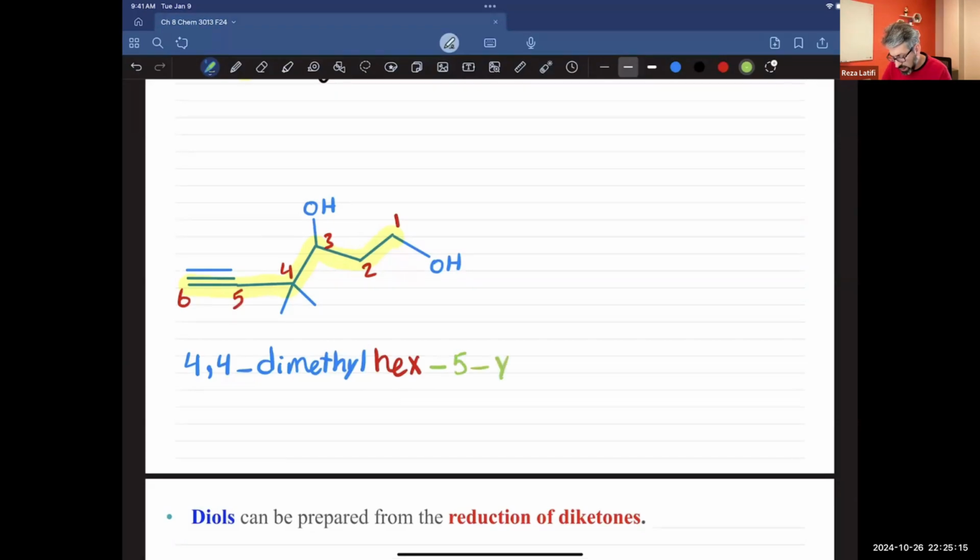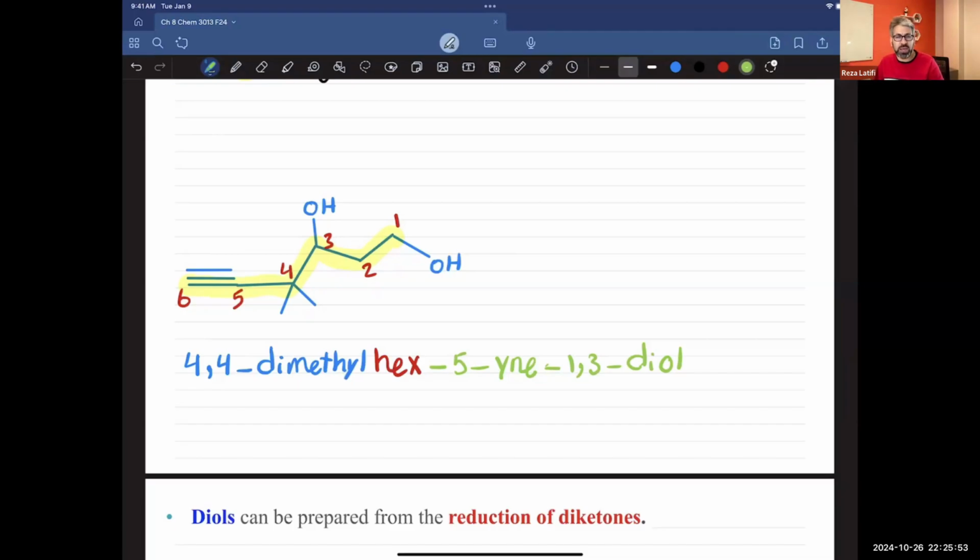So you go yne to show the triple bond. Yne stands for an alkyne. Then we have 2 OHs, on the first and third carbons, so it will be diol. So 4,4-dimethylhex-5-yne, and the 5 shows the position of the triple bond, and 1 and 3 show us the position of the OHs.